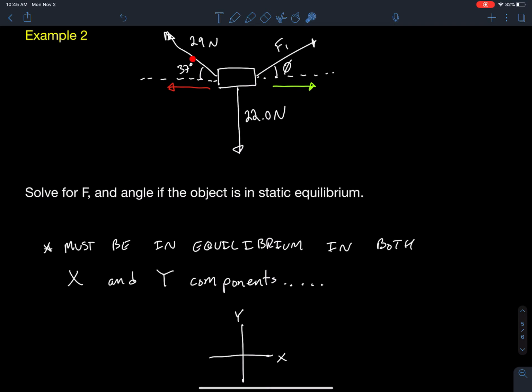Okay, so I have an angle here and I have a force here. For the red one, it's pretty easy. This is my adjacent, and that's my hypotenuse in a right-handed triangle, so that would be a cosine function.